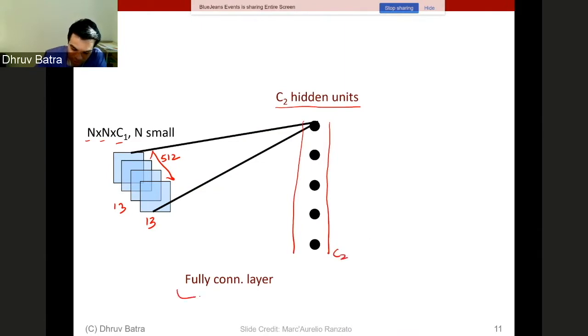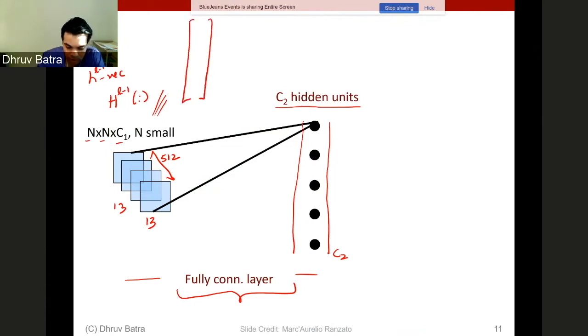So this is the first fully connected layer that takes in convolutional feature maps and converts them into vectors. Now your interpretation for this layer could be that I basically take this H^(L-1) and I convert it into a vector, H^(L-1) vec. The way I do this is that I take all of these things, and I just string them up into a long vector.